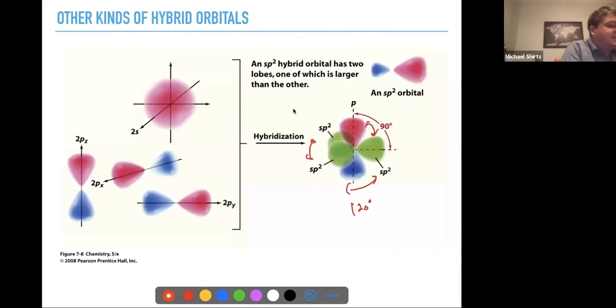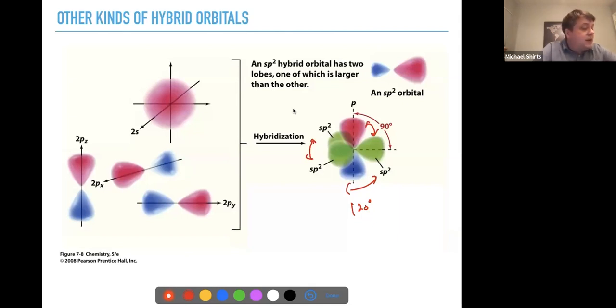That is what you might get if the p orbital is not occupied, then you would get separation of 120 degrees. That is a lot more like the trigonal planar geometry in VSEPR theory.